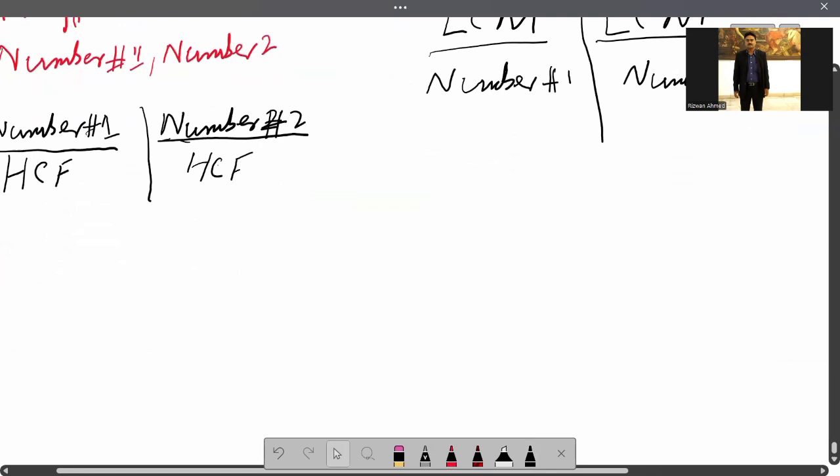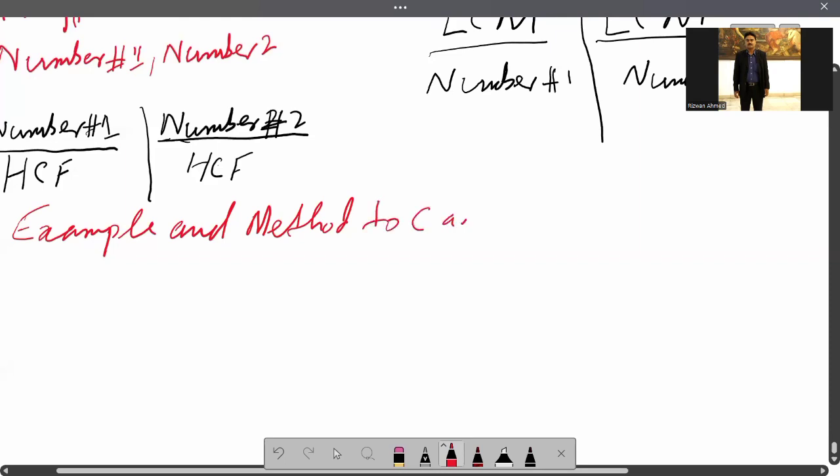Now we are moving towards an example and method to calculate HCF and LCM.